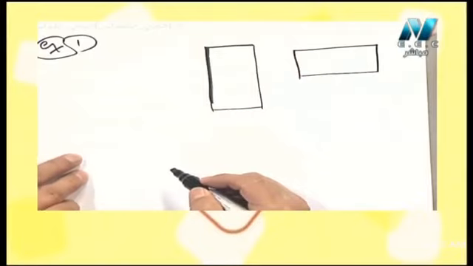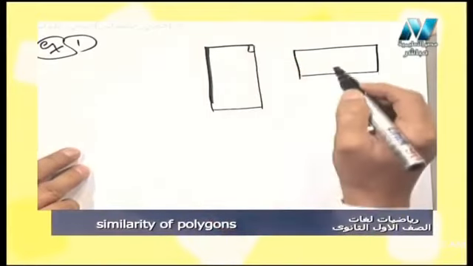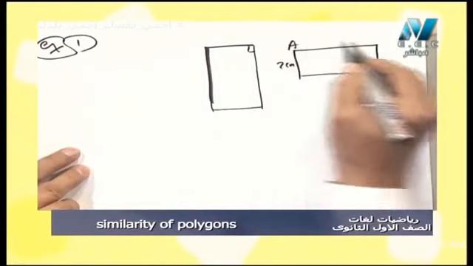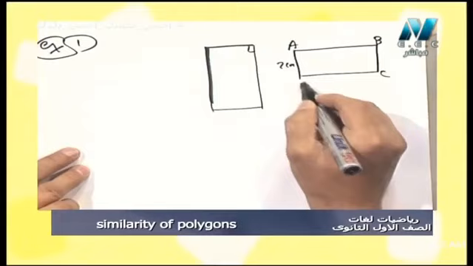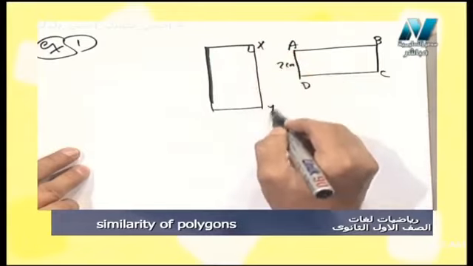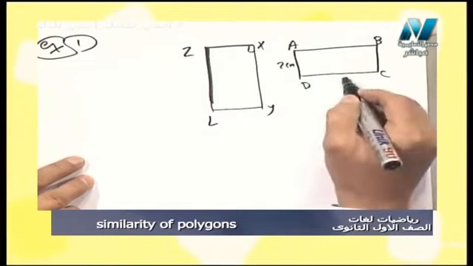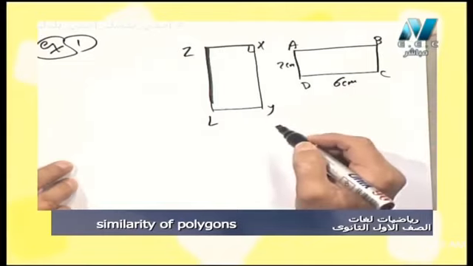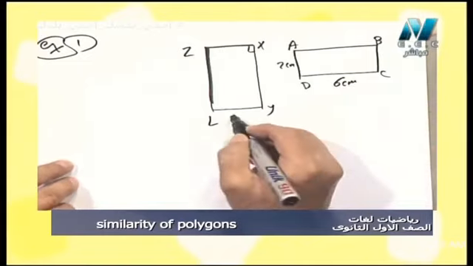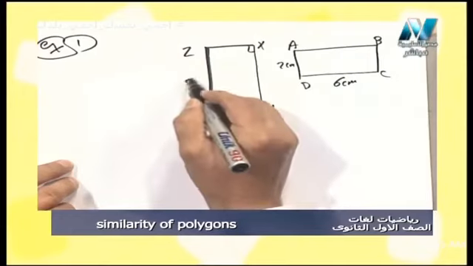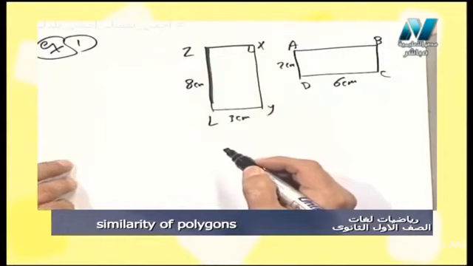If we have two rectangles and we have 2 centimeters here, say AB, CD, XY, LZ, and 6 centimeters for DC, and here's 3 centimeters for LY, and 8 centimeters for ZL.